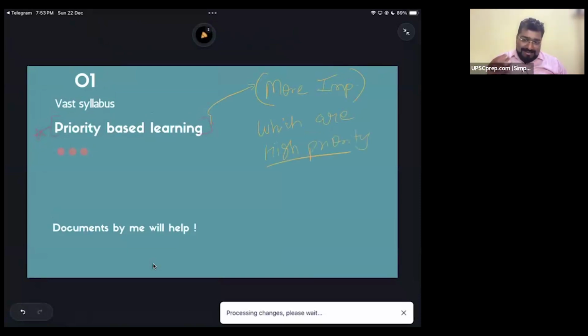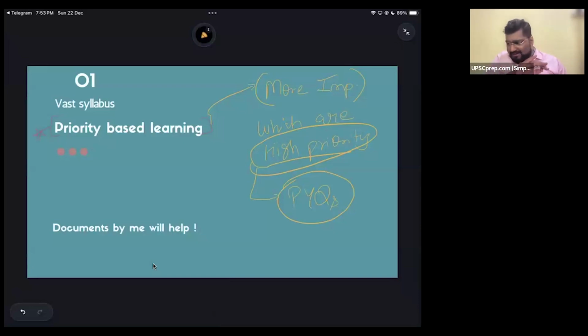Now, why do we say these topics are at higher priority, or very important? Because questions have been asked earlier in PYQs with respect to those topics. That is the reason. In reading, at least you should be reading everything, but when it comes to revision, the first priority should be the very high priority topics. Okay, the most important topics you should read first.